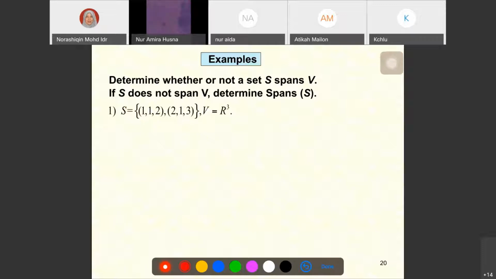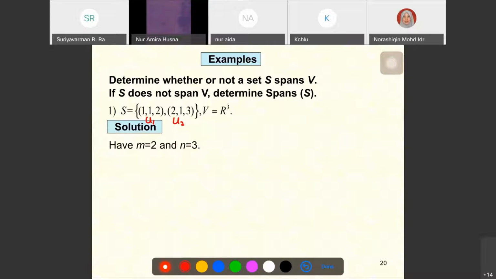We see here, what is m? This is our u1, and this is our u2. So m equals 2 and n equals 3. So what can we say? m is smaller than n.